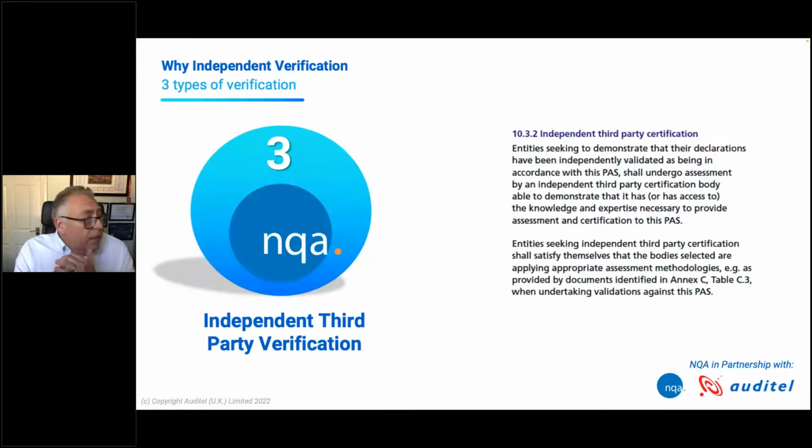Then we've got, if I haven't made it abundantly clear, our favorite route, which is independent third-party verification. Now, the pros to this are huge. You've got total impartiality. If you go through someone like NQA, then it's got to be done in full accordance with PAS 2060. There are no shortcuts. What you publish at the end is completely beyond reproach.